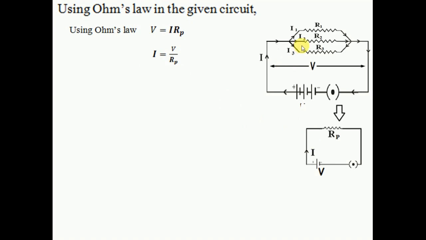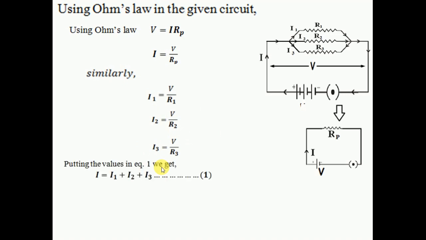Similarly you can use Ohm's law out here. For current I1 you can write I1 is equal to V by R1, because V is the same for all the resistors, only the resistances R1, R2 are different. So similarly I can write for this resistor I1 is equal to V by R1, for this resistor I2 is equal to V by R2, and for this resistor I3 is equal to V by R3.